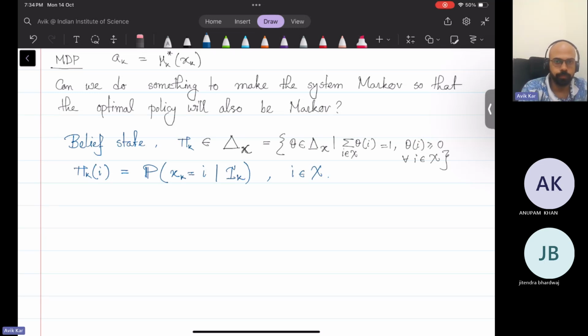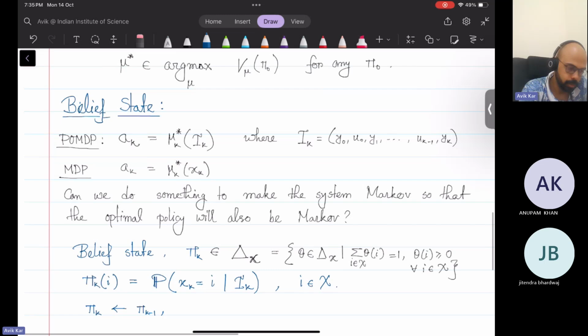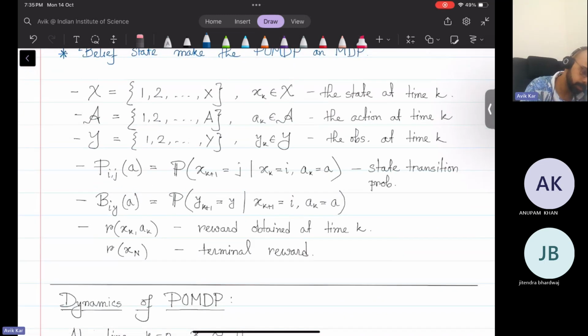Now, if you have studied hidden Markov models, you know that we can write this recursively. So we can write π_k from π_{k-1}, given that we know these two things. What are the two things? The transition probability matrix and the observation distribution.